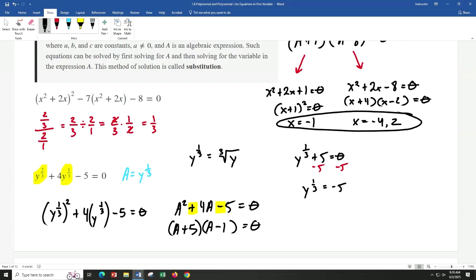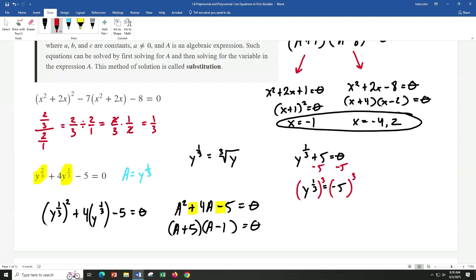So notice though, knowing now what you have, that y to the 1/3, realizing it's actually the cube root of y, right? How do you get rid of a cube root? Raised to the power what? 3. So to solve this part, I'm just going to raise this side to 3. And what am I going to do to the other side? Raise it to 3.